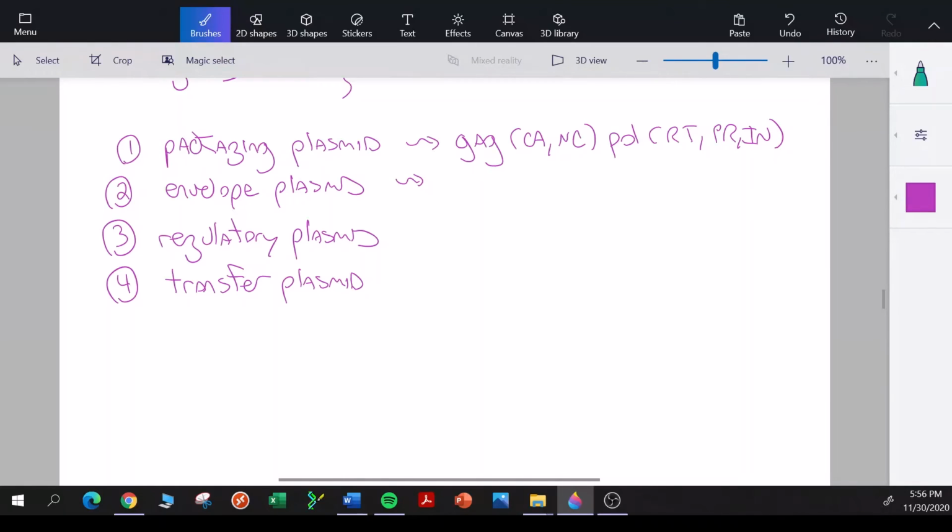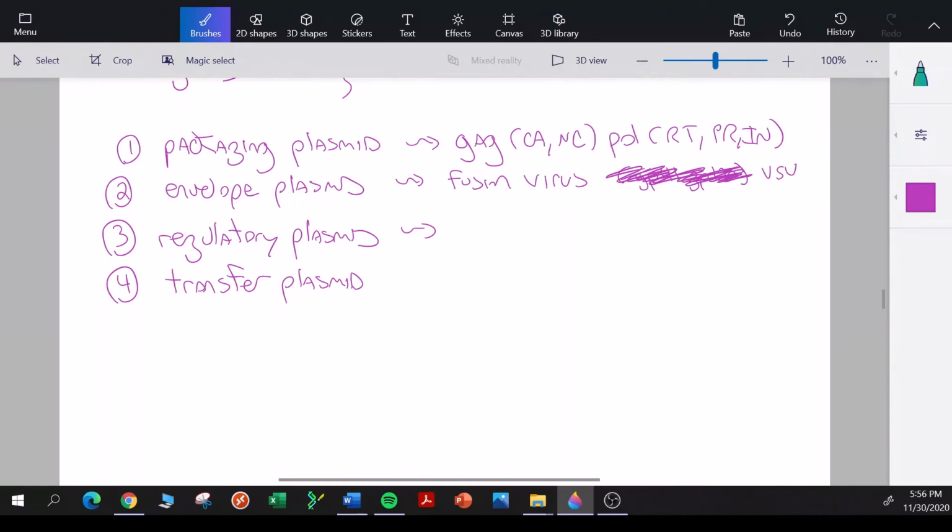As I describe it, the envelope plasmid is needed for fusion of the lentiviral vector with the target cell. If you remember, what did HIV use? I think it was GP41 and GP120. It doesn't matter; the protein we use in our lentiviral vector might be those.